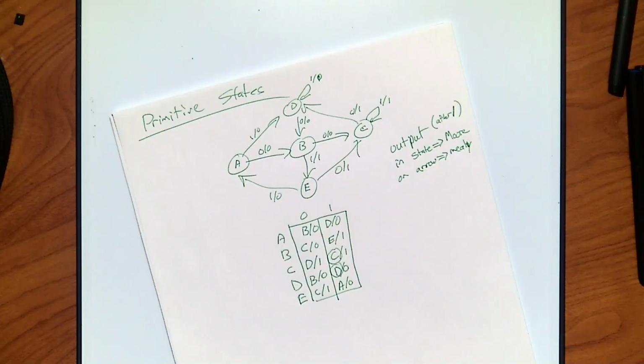But you could also tell if I'm in a particular state, even if they have the same outputs, and I give it a particular input sequence, and I go to a different location, and I can tell that location is different because it has different outputs. So if it goes to a different place, that's not equivalent, it's also different.